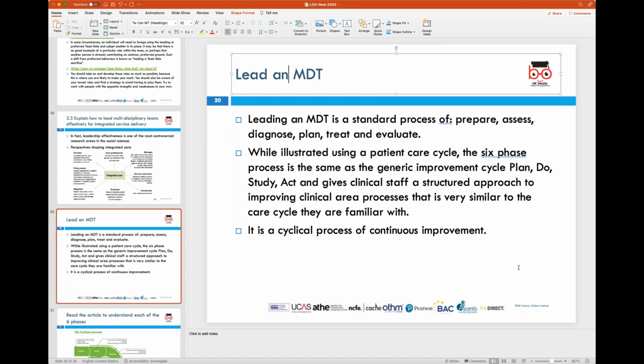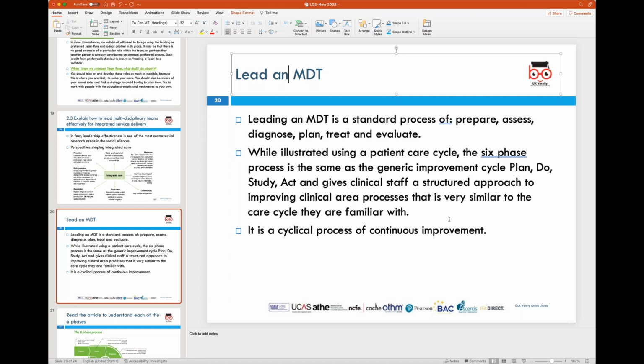And when we talk about the MDT process and the leadership required across multidisciplinary teams, you generally see in our sector that we talk about preparing, assessing, diagnosing, planning, treating, and evaluating in order to make sure that the leadership is effective.